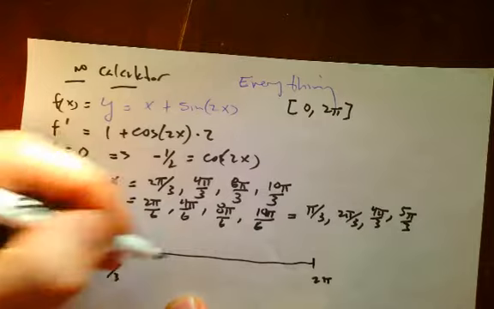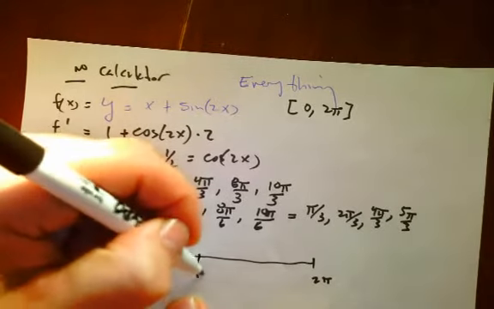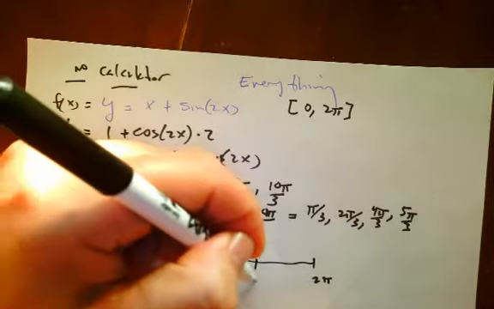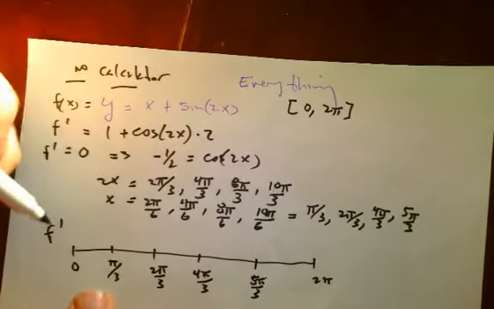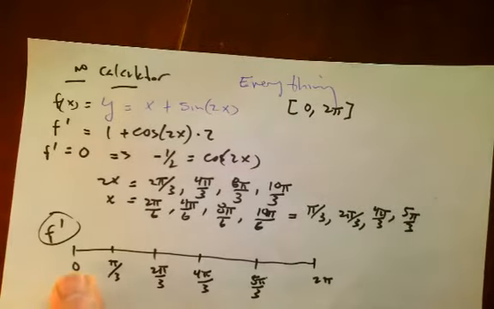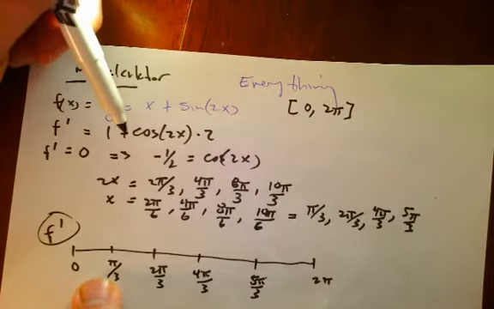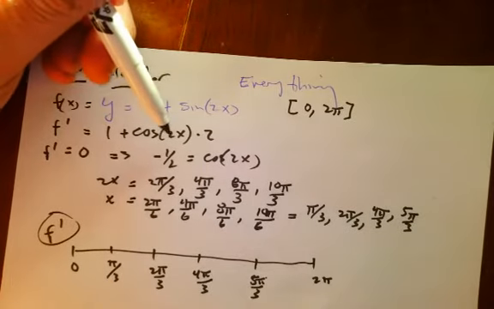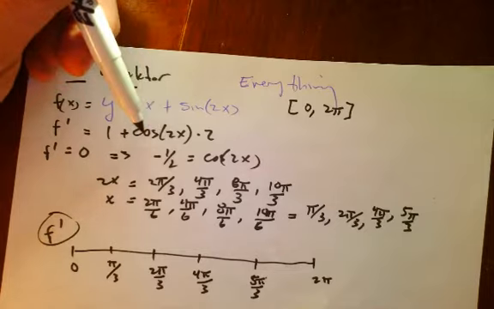So here I have places where f prime is equal to 0. If I make an f prime sign chart now and plug 0 and 2 pi on, as well as my critical points, pi over 3, 2 pi over 3, 4 pi over 3, and 5 pi over 3, I want to test these intervals with f prime.